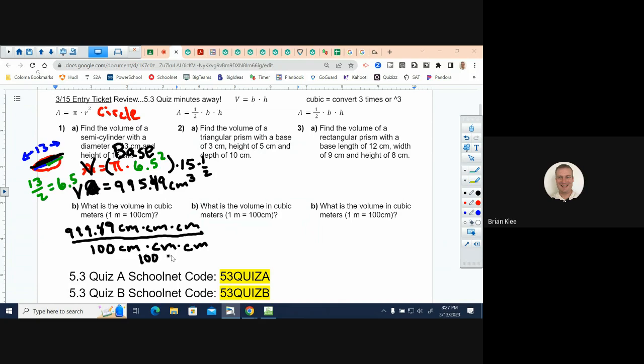But we also need the 100 attached to each of it. So that's that whole convert 3 times, or to the third power. So I need to divide by 100 3 times, or divide by 100 to the third power. And at the same time, 1 meter by 1 meter by 1 meter is cubic meters on top. And here's all our units canceling again.